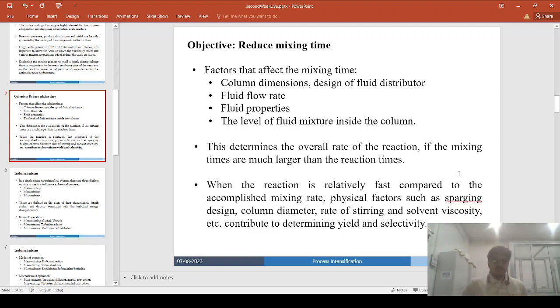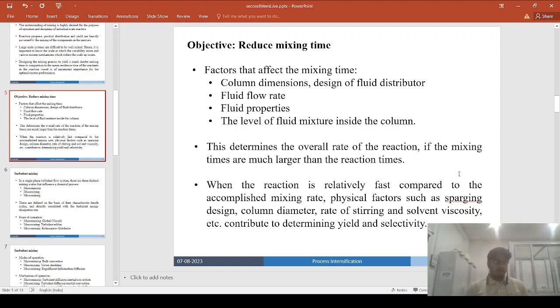So these are the column dimensions. The factors that determine the mixing time are the column dimensions, design of the fluid distributor, fluid flow rate, fluid properties, and the level of fluid mixture inside the column. This determines the overall rate of the reaction if the mixing times are much larger than the reaction time.